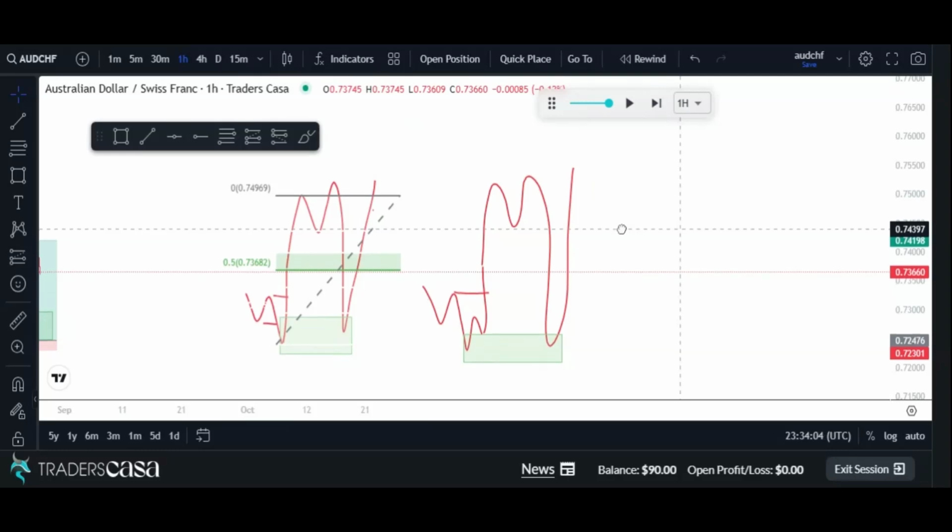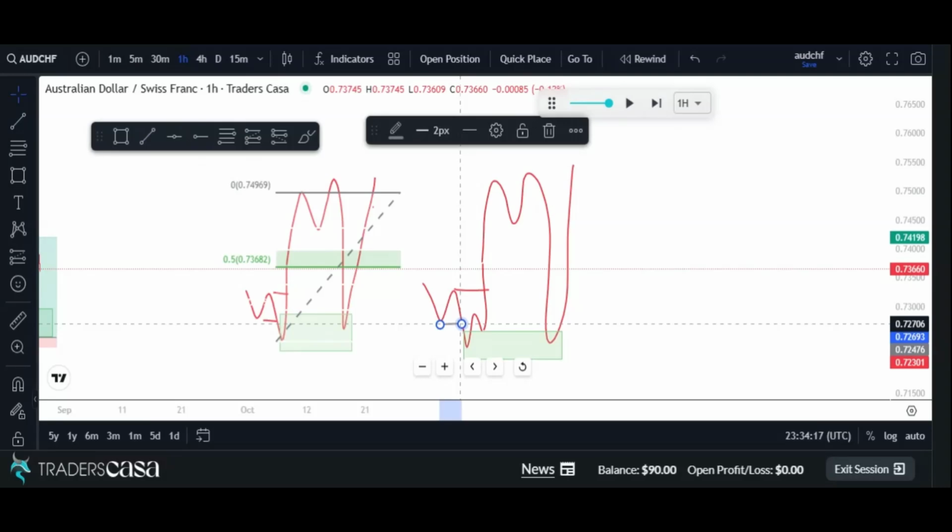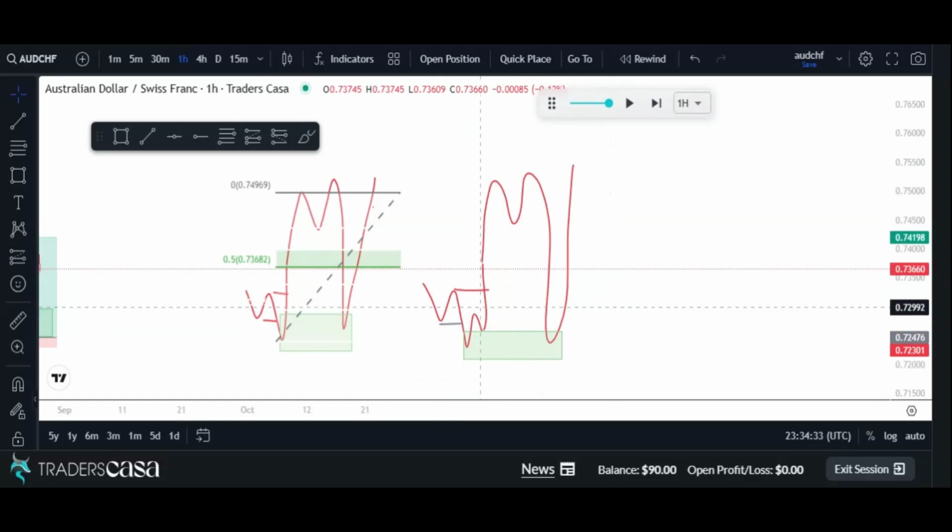Then now coming to the type B form of breaker block, we have a breaker block with a sweep of this low and a break of structure, giving us a structural liquidity here.